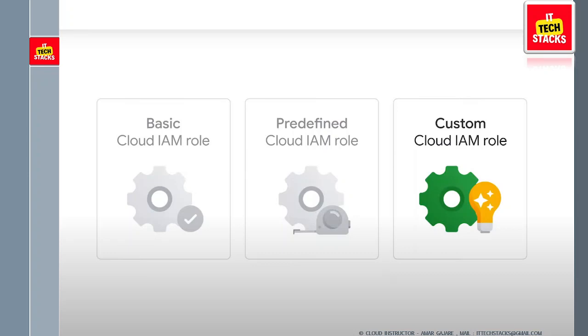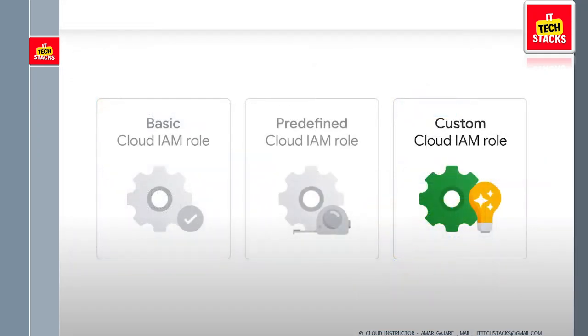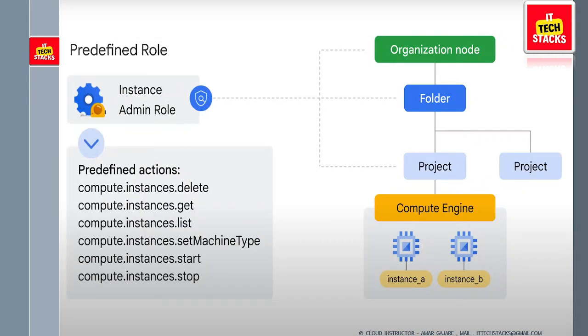In that case, you give a custom role. For example, there is an instance operator role. In the previous section, the instance administrator role, this admin role can give specific access to users.